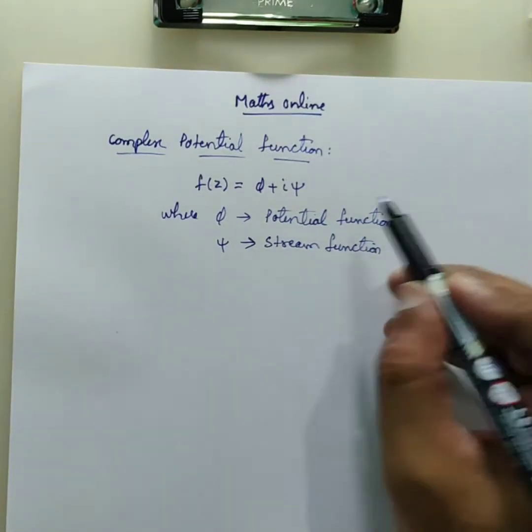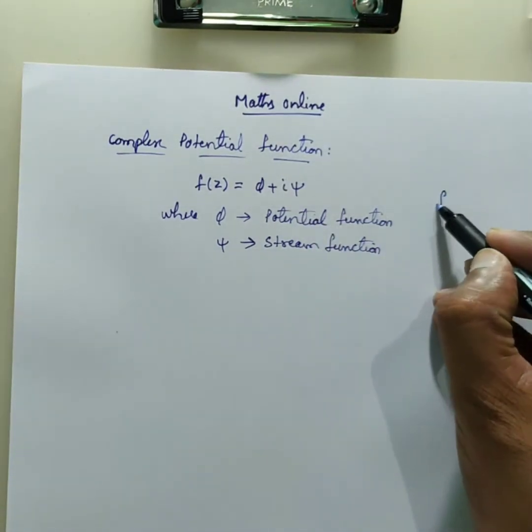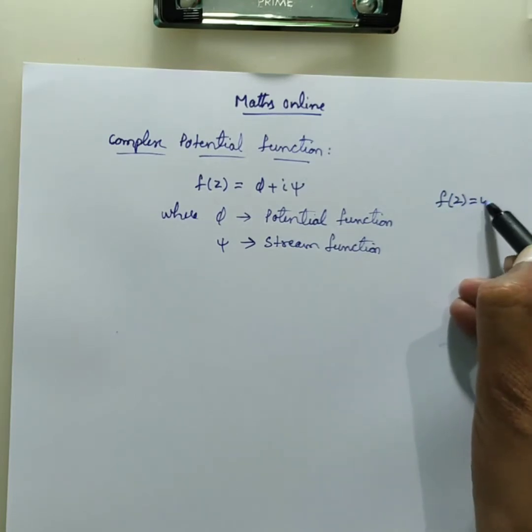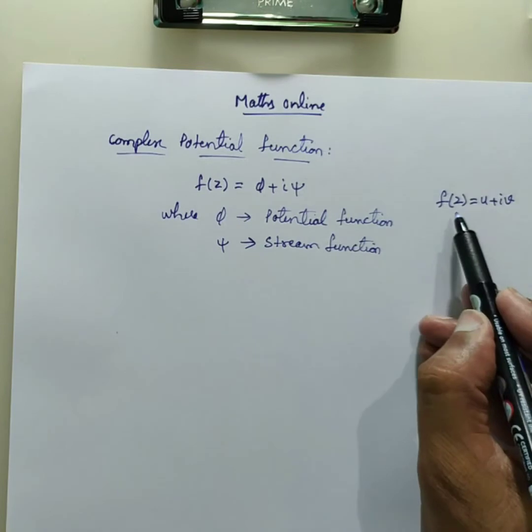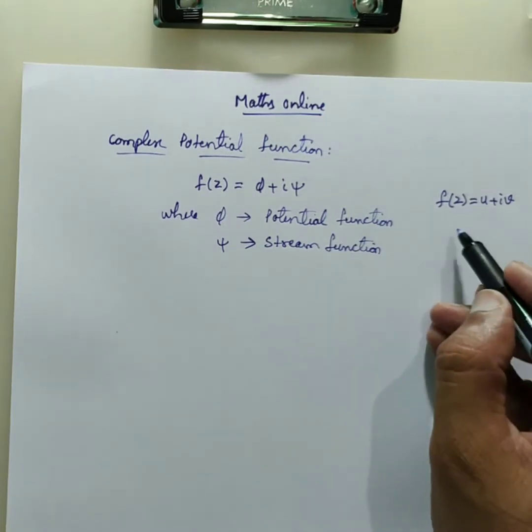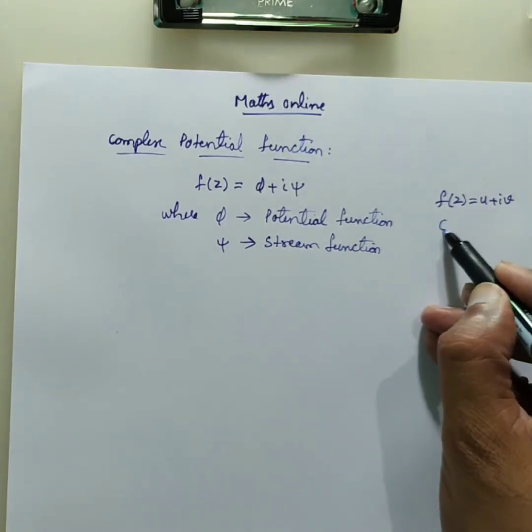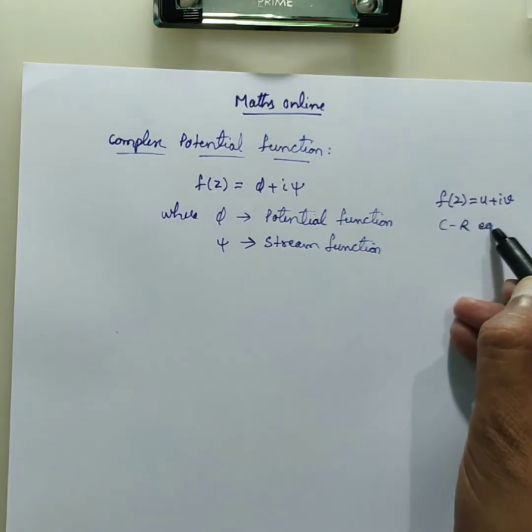So we know that for a complex valued function f of z is equals to u plus iv, if this function is an analytic function, it satisfies the CR equations.